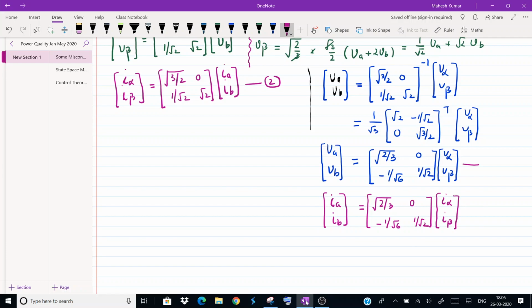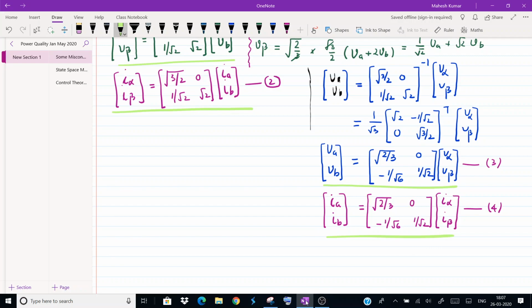Call these equations 3 and 4. Alright, so we have these four equations: one is here, another is here, third is here, fourth here. These will be used in the further discussion.